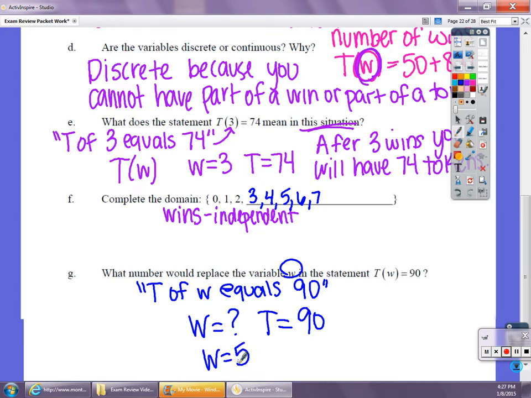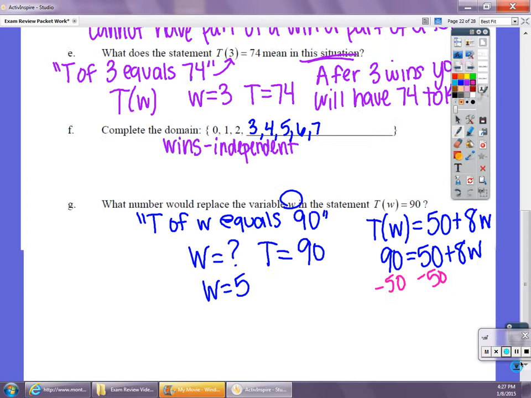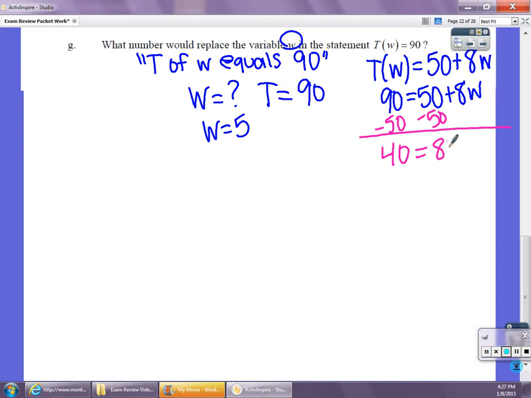We can also use the formula. Remember we had a rule, T of W, or a function here, was equal to 50 plus 8W. If we know that T of W equals 90, we can replace that value here and solve. I'm going to subtract 50 from both sides, and that's going to give me 40 is equal to 8W.